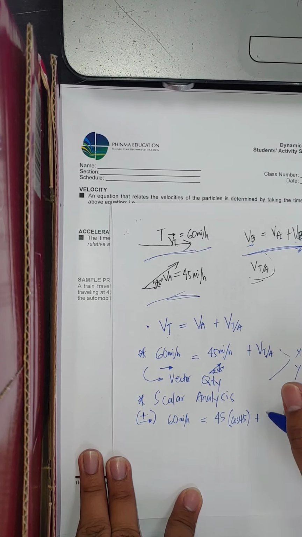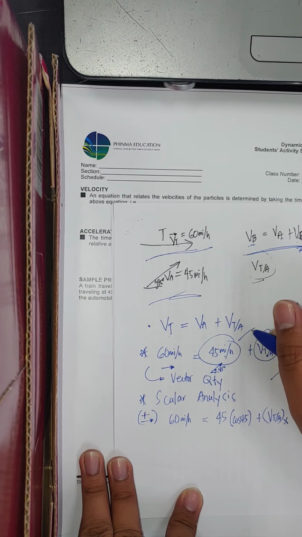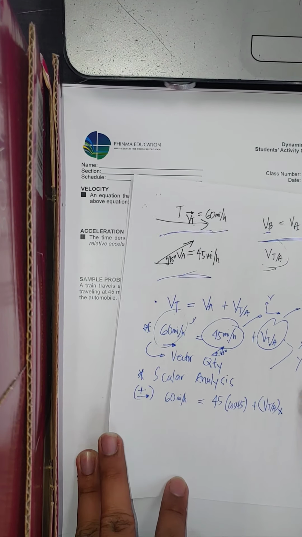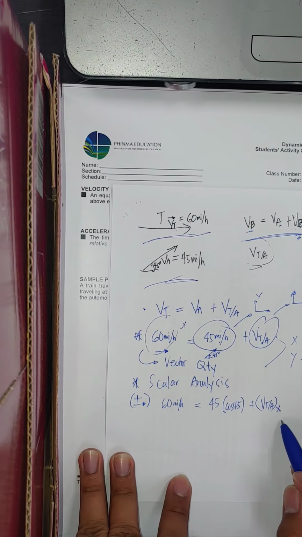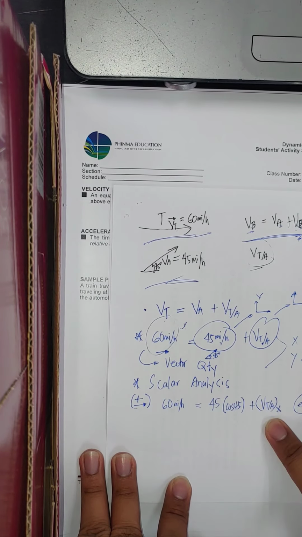We denote it as V_T of A x. Because this one has x and y components, this one has x and y components, but this one has only an x component because the train moves horizontally. So that is our equation 1.